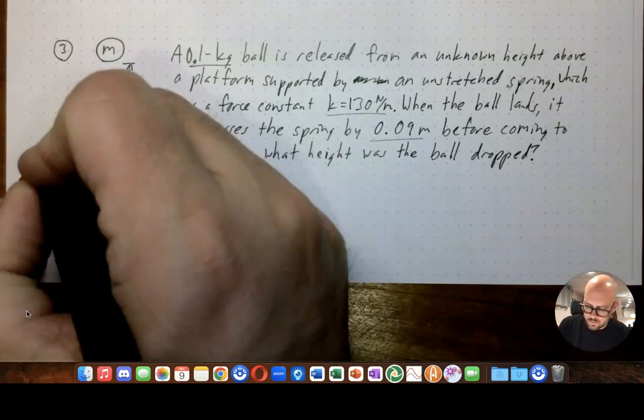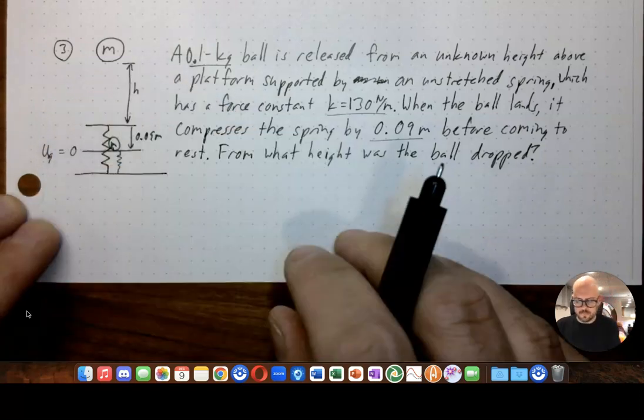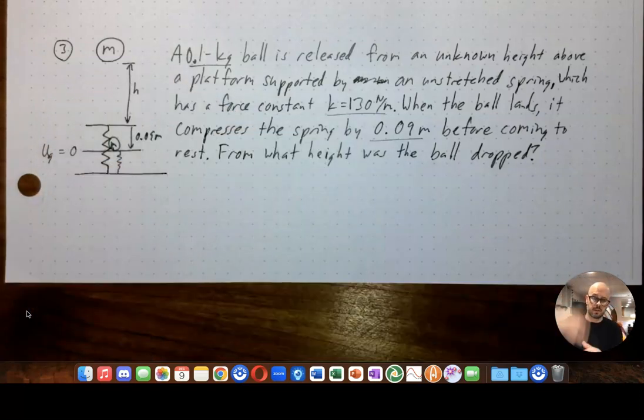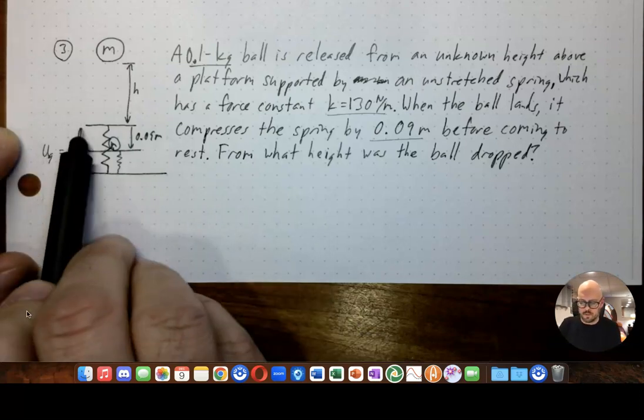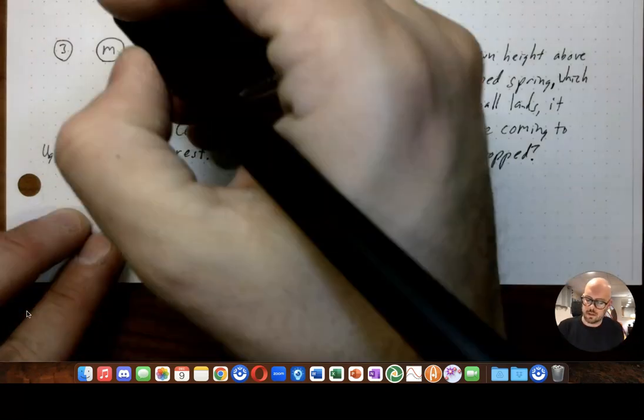So it turns out that setting gravitational potential energy equal to 0 at the very end of the problem, when the ball is done compressing the platform, is going to make for the easiest math later. And if you wanted to try this problem again later, you could set 0 potential energy to this line and see how it happens.